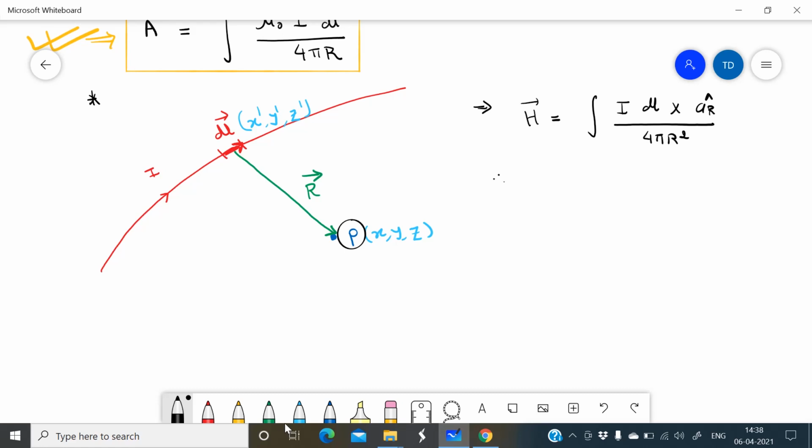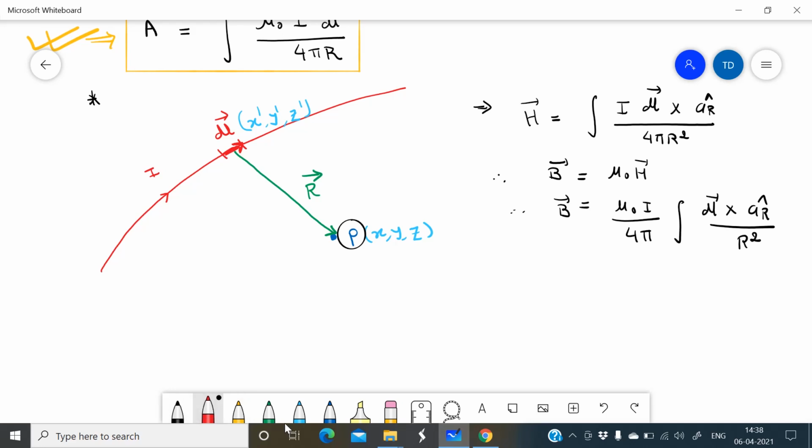Magnetic flux density B is equal to mu 0 H. So we can write B equals mu 0 I upon 4 pi integration of dl vector cross AR upon r square.